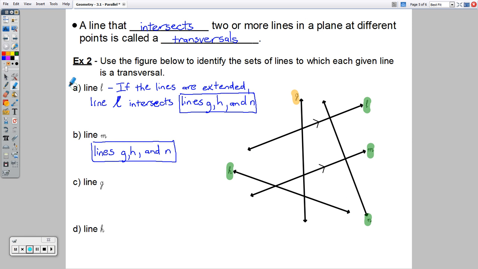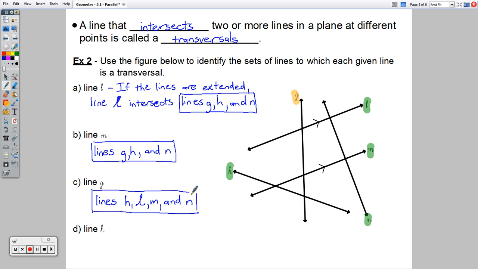So G is actually a transversal with respect to all of the other lines shown in the picture. So I'll write them in alphabetical order here. You don't have to write them out in alphabetical order, but I'll just do that so I don't skip any. So lines H, L, M, and N.